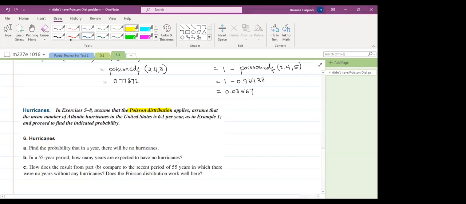Actually, let me just write it down. Today we learned binomial distribution. And right now, we learn Poisson distribution.